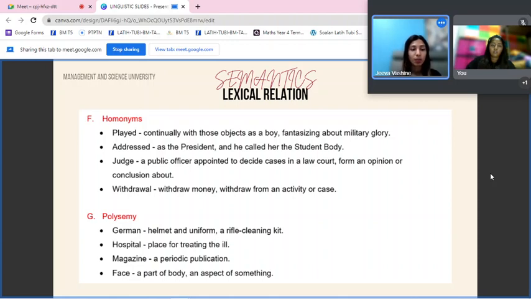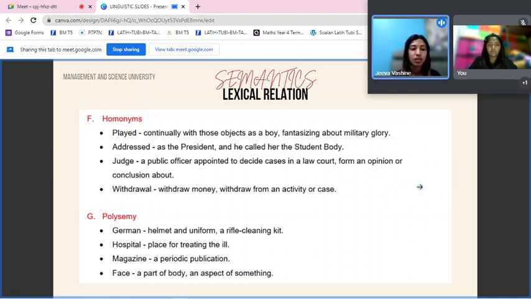So judge, a public officer appointed to decide cases in a law court, or an opinion or conclusion about. Lastly is withdrawal, money withdrawal, withdrawal from an activity. So they spell the same and also sound the same, but there's different meaning from the sentences.